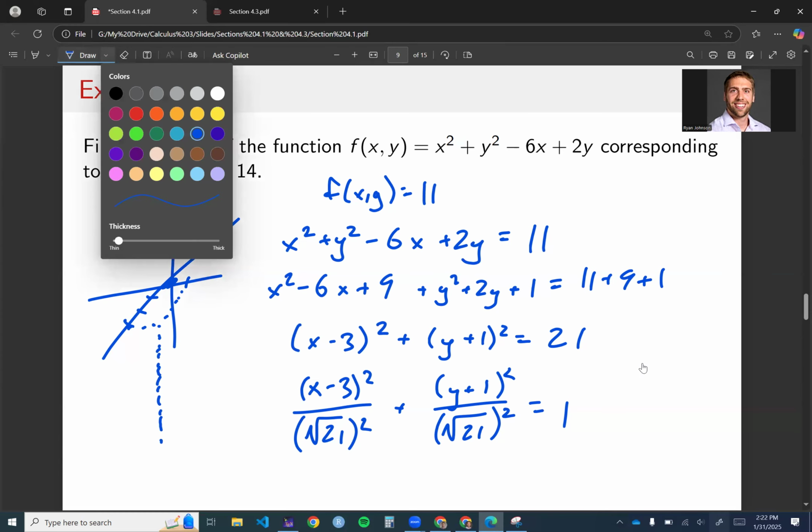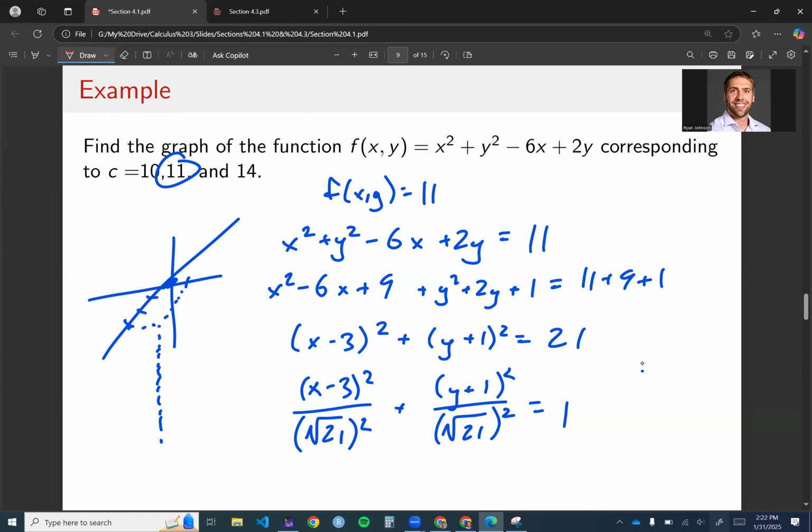And then you have this parabola that goes, it's like a parabola in regards to the x and z, and it's a parabola in regards to the y and z. So it's like a parabolic hole that you're in.